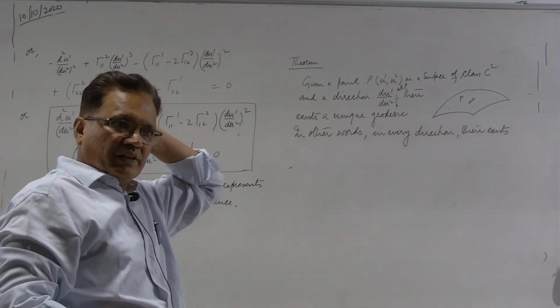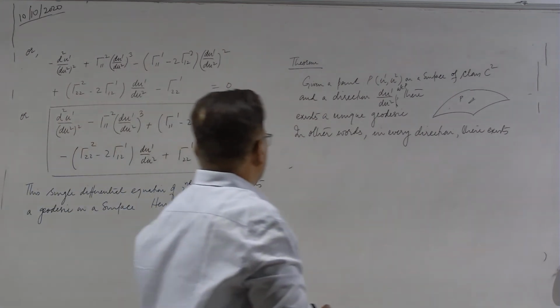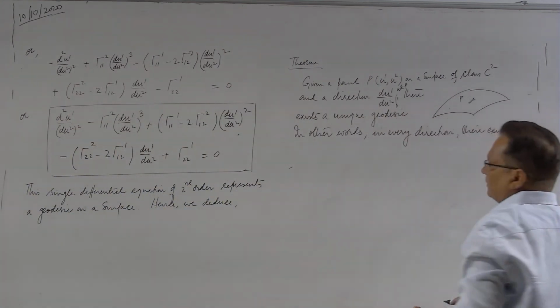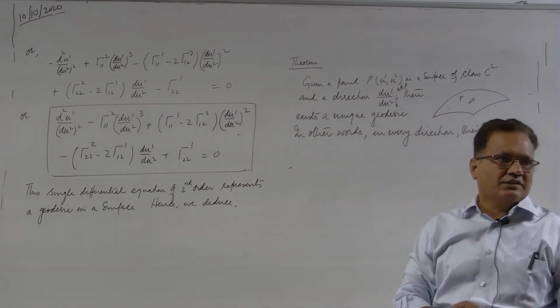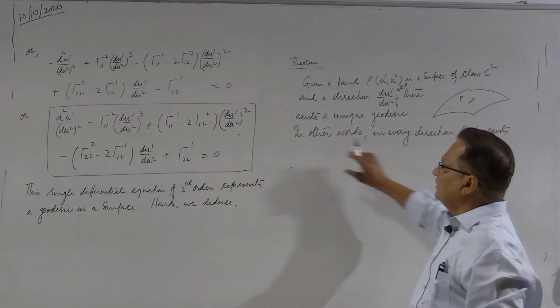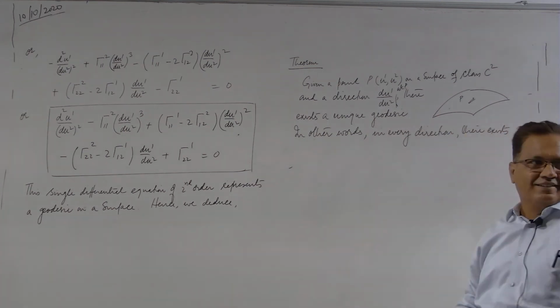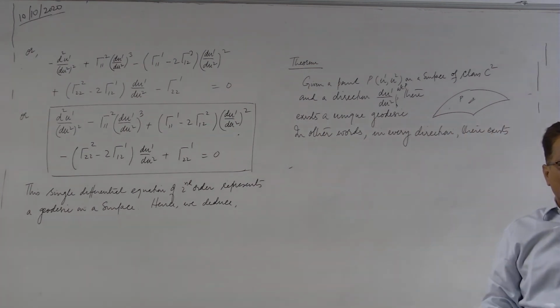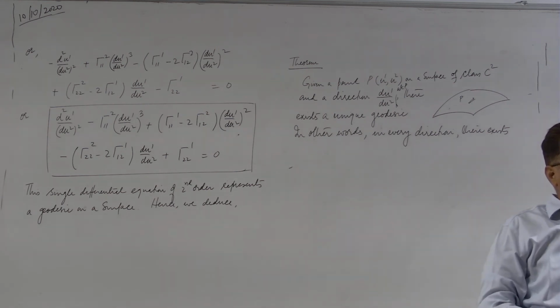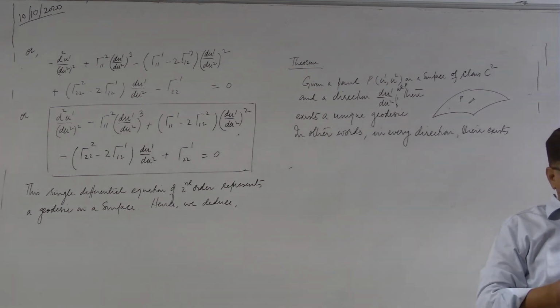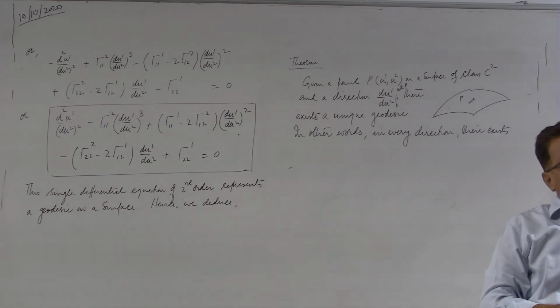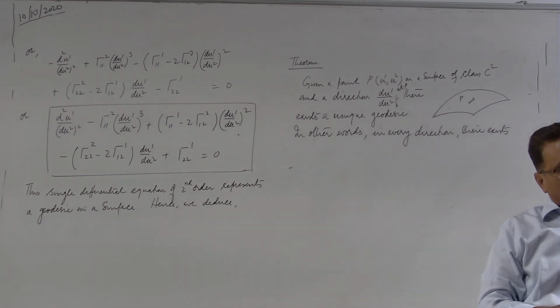That will be easier. So we have done the proof of this theorem. Somebody asked, find a geodesic of some particular curve, so how to proceed? You give me a direction and an initial point, I will give you the geodesic.